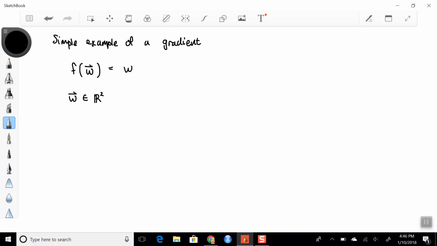And this function is going to be w1 squared plus w1 w2 squared. Okay, and I could ask, what is the gradient of f at (1, 1)?